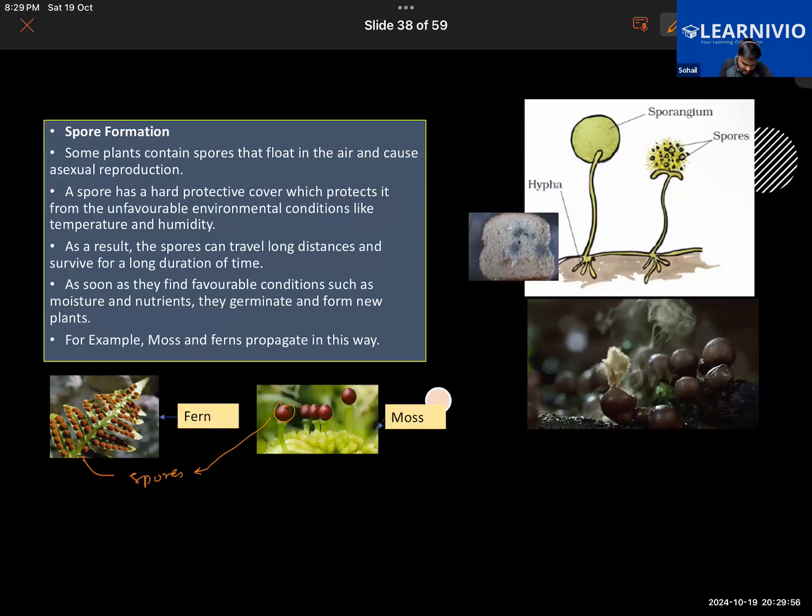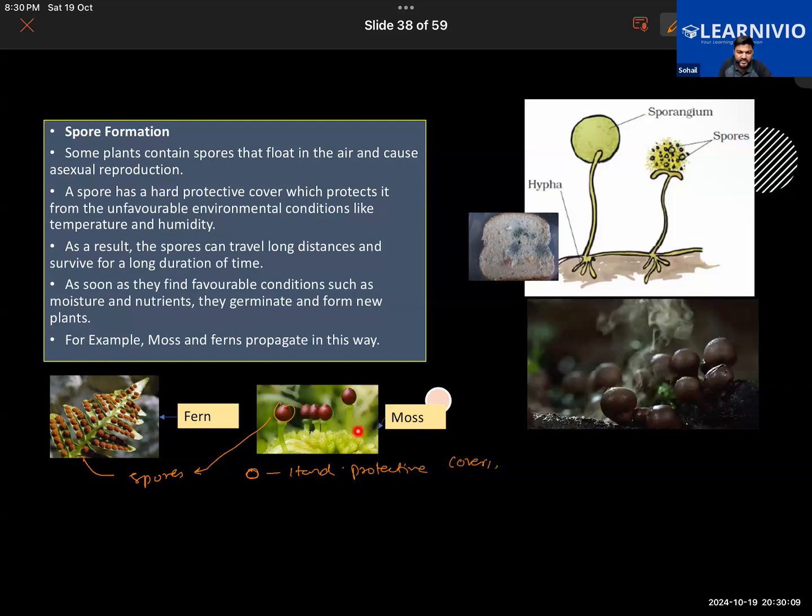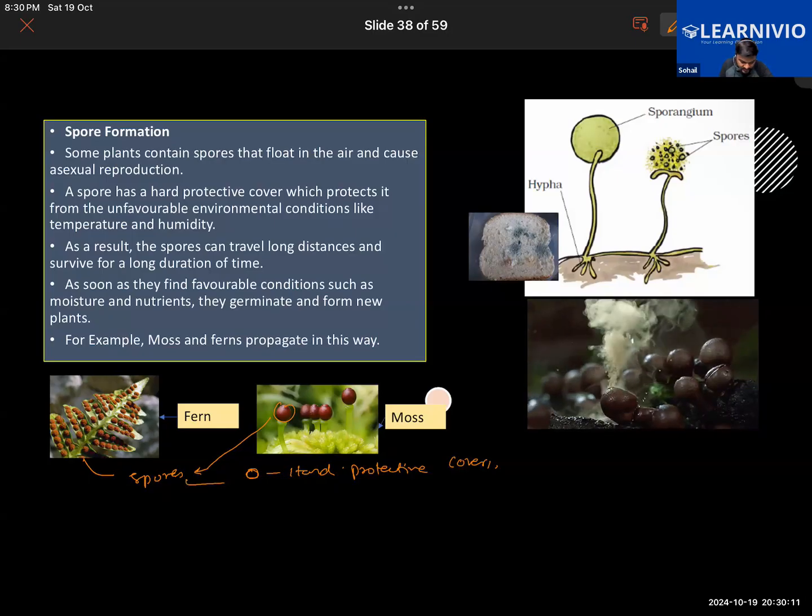When we look at these spores, they're actually kind of hard, with a hard protective cover surrounding them. This cover protects them from unfavorable conditions, meaning that even if the environmental conditions change, if the temperature and humidity increase too much, the spore will be able to survive. It will not be contaminated, it will not rot, right?